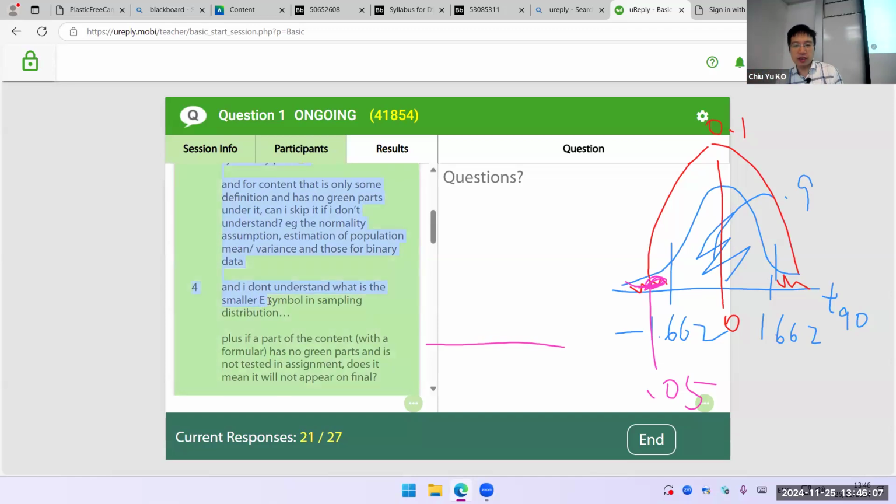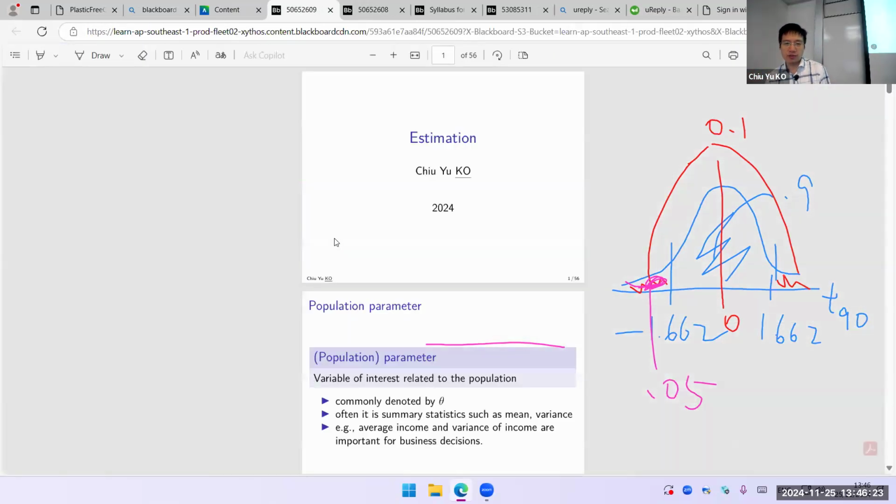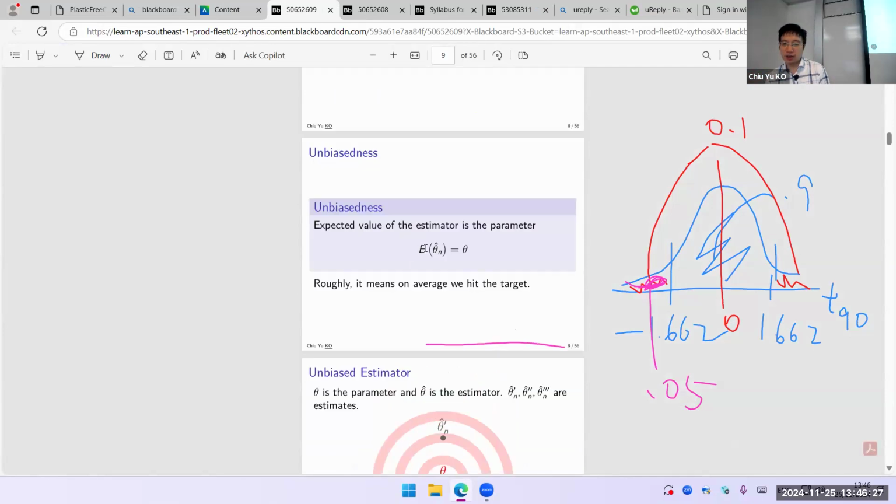And what is the E symbol? E is expectation. I think the question is, what do you mean by E in the expectation sign? I think you're talking about the estimation part. What's the E here?